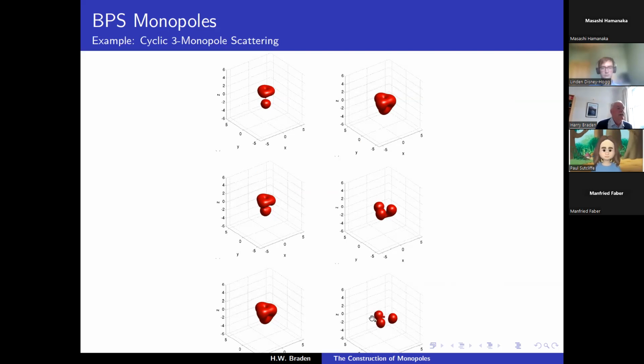I've got 3 monopoles relatively well separated on the vertices of an equilateral triangle. As they come together, they go through the tetrahedrally symmetric monopole, and when they come out the other side, you'll get a charge 1 monopole and a charge 2 monopole that are well separated.